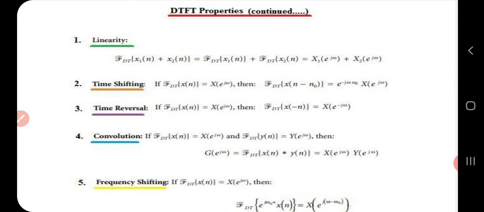One of the first properties is linearity, which is very clear from these equations. The DTFT of two sequences, say x1(n) and x2(n): the DTFT of their sum will be equal to the sum of their individual DTFTs, that is DTFT of x1(n) plus x2(n) equals DTFT of x1(n) plus DTFT of x2(n), which can again be written as X1(e^{jω}) plus X2(e^{jω}).